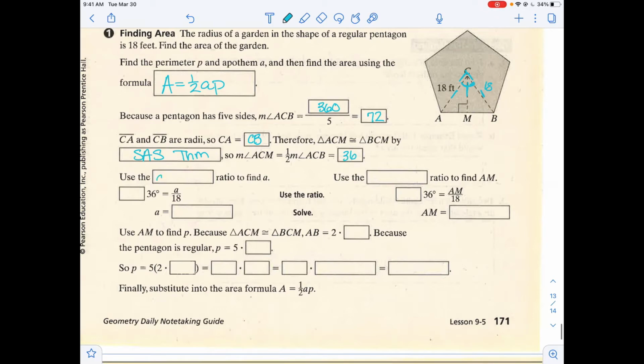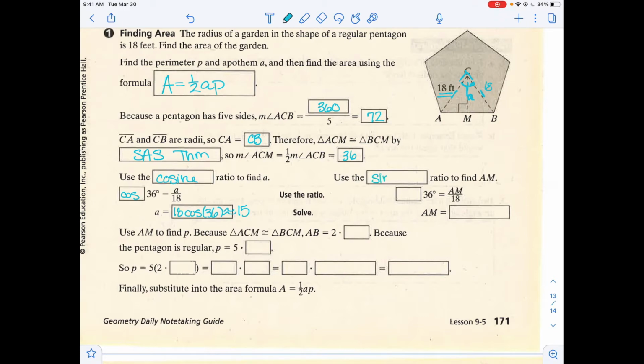Okay, so then we need to use the cosine ratio to find the apothem. So the cosine of 36 equals the apothem A, or the adjacent side, over the hypotenuse 18. So we need to do 18 times the cosine of 36, which is about 15.